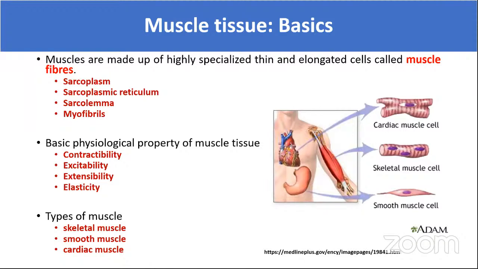Now, what are the basic properties of the muscle tissue? So the 4 basic properties are that it exhibits contractibility, excitability, extensibility, and elasticity. Let us try to understand first. Contractibility means the muscle fiber has the ability to contract, means from its normal size, it can become shorter in nature.